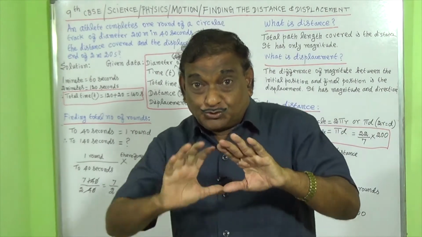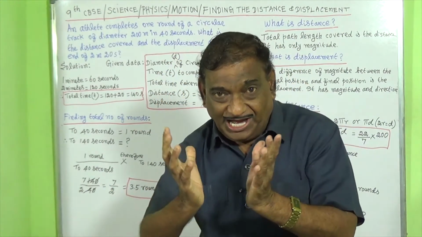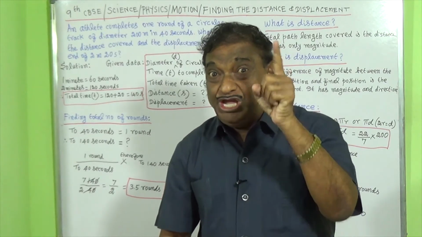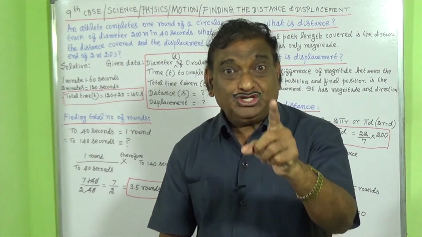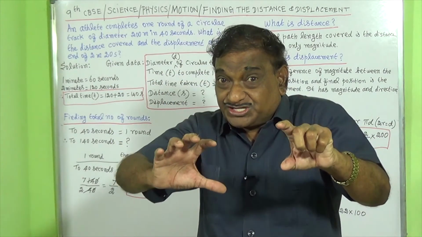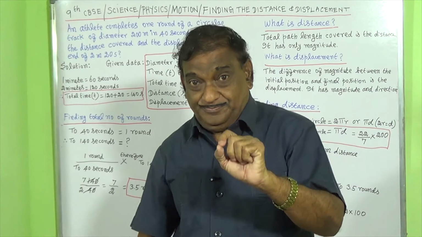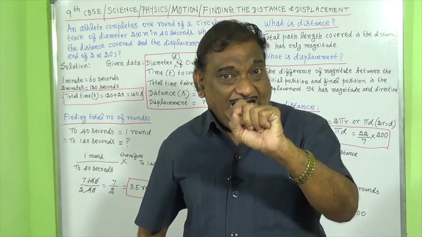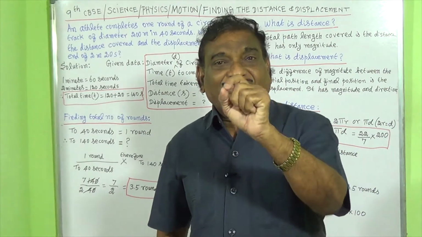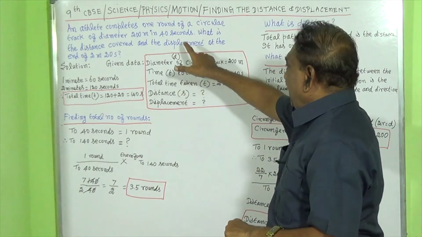So if two data are related, we should write two equations from these two related data. How can we write two equations? In the sum, it is stated that one round is completed by the athlete in 40 seconds.